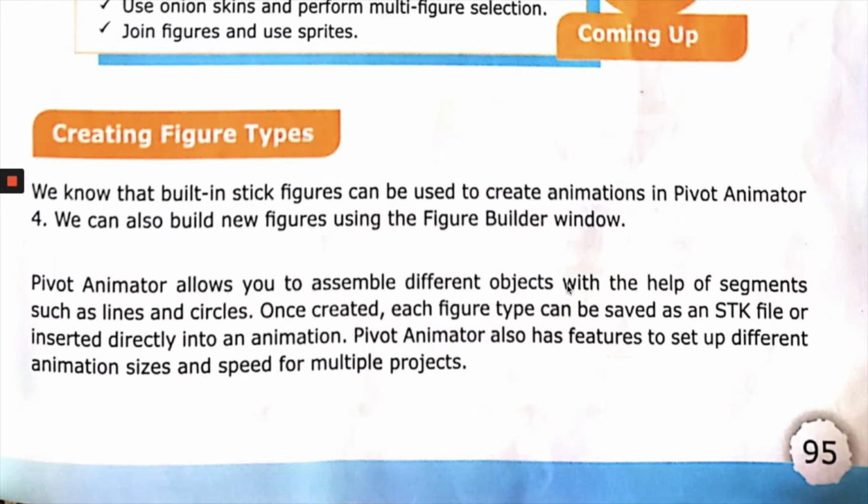Once you have created a figure, you have to save it as an STK file for future use or directly insert it into your current animation. Pivot Animator also has features to set up different animation sizes and speed for multiple projects.